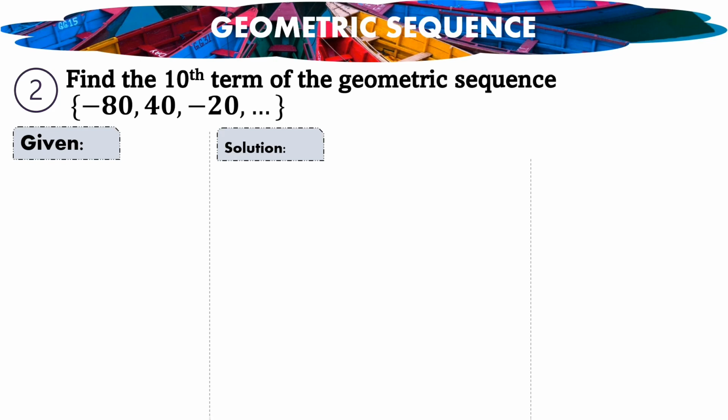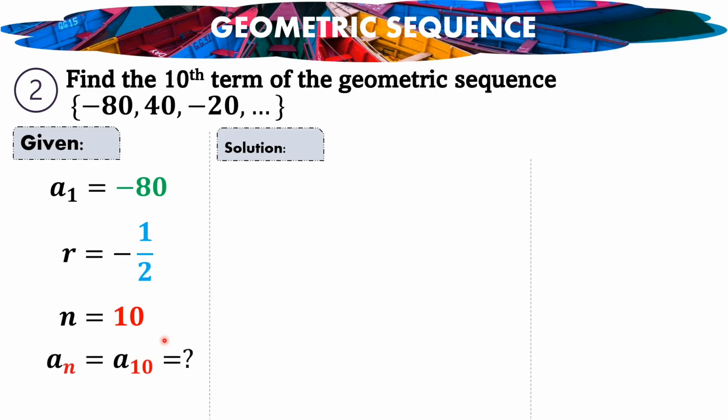Example number 2. Find the 10th term of the geometric sequence negative 80, 40, negative 20, and so on. The given are first term negative 80, r is negative 1/2, n is 10. What is a sub 10? So we will be using the first rule or first formula wherein a sub 1 is given.